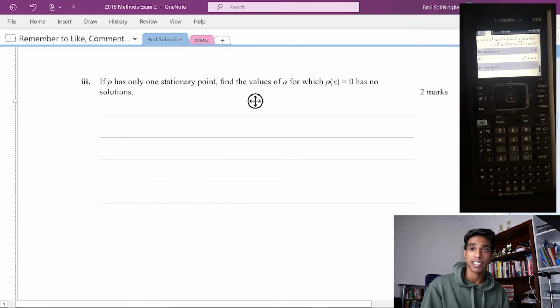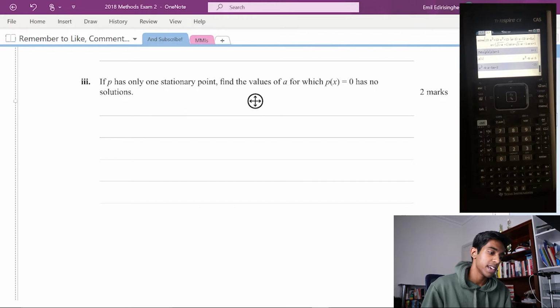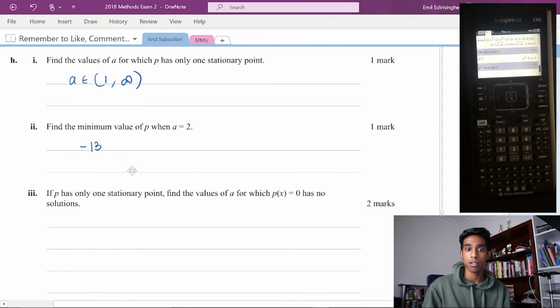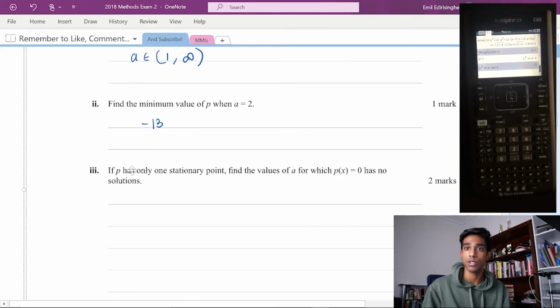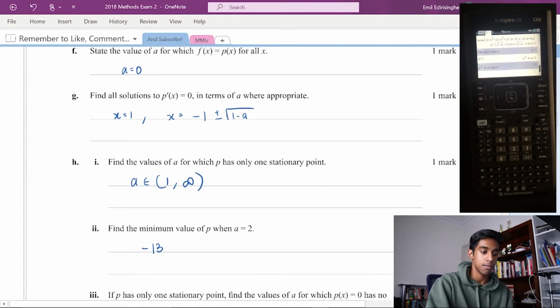Alright, so now we're looking at this last question, which is if p has only one stationary point, find the values of a for which it has no solutions. So since there's only one stationary point and we're looking for no solutions, then we know that that stationary point has to be the minimum, because otherwise there would be solutions no matter what value of a it was. So therefore we know that the minimum must be at x equals 1, which we calculated before.